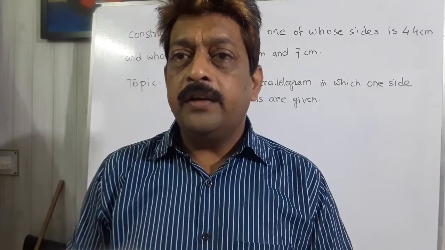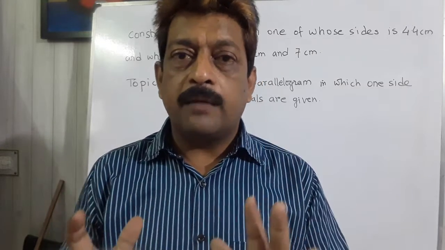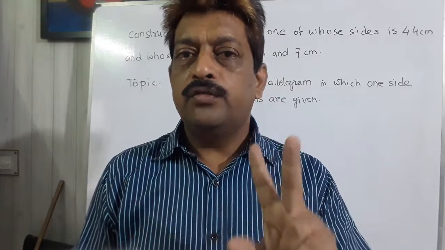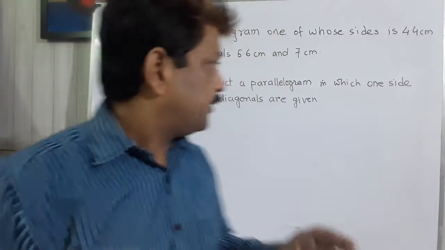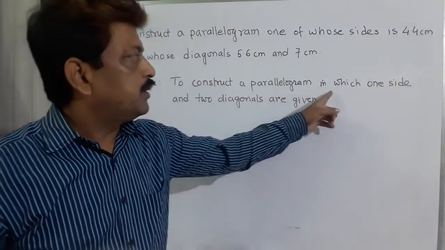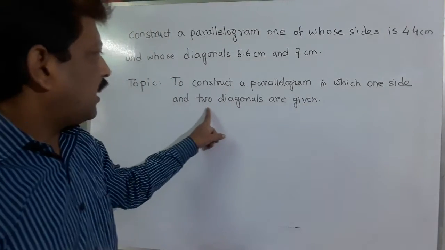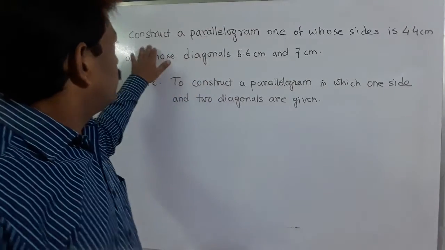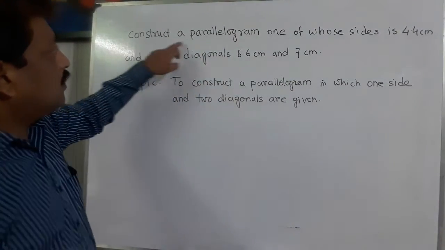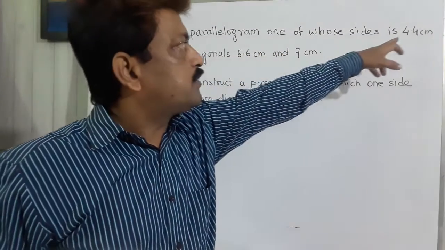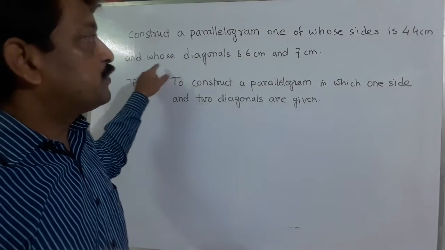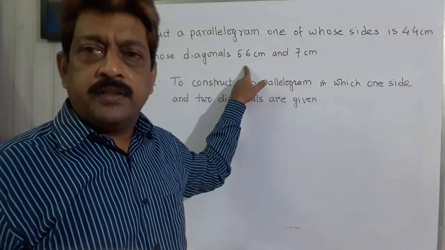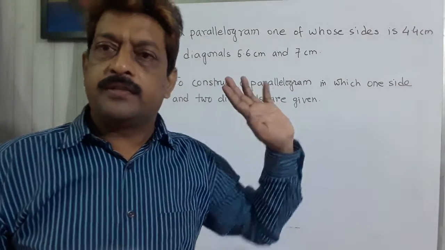Here is one more topic where we have to construct a parallelogram when one side and two diagonals are given. So here is the question: construct a parallelogram one of whose sides is 4.4 centimeter, and whose diagonals are 5.6 and 7 centimeter.